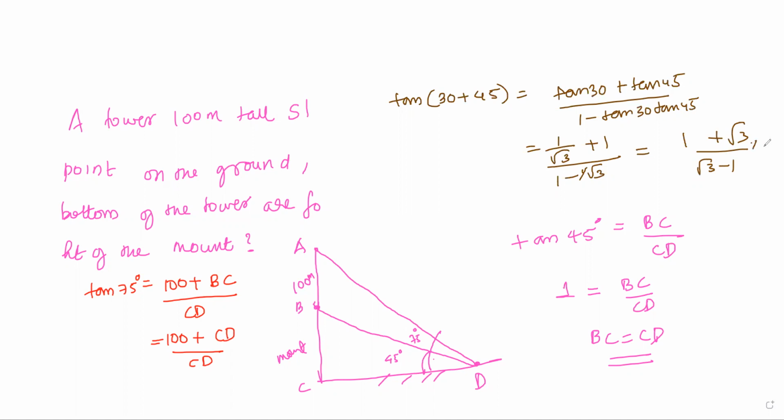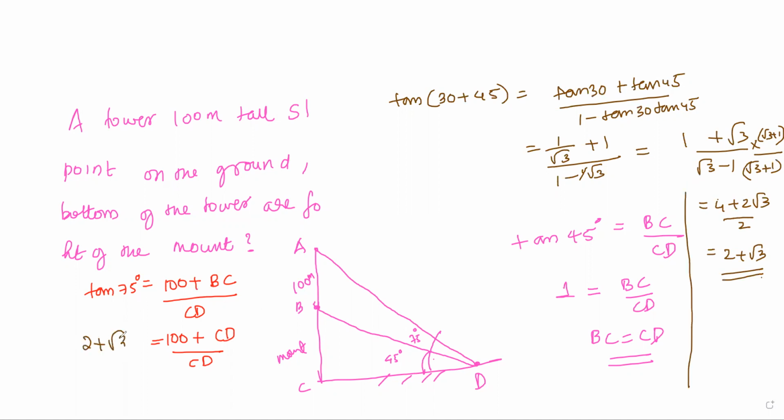If you want, you can rationalize, and you'll get (4 plus 2 root 3) by 2, that is 2 plus root 3. So in place of tan 75 we can write 2 plus root 3.